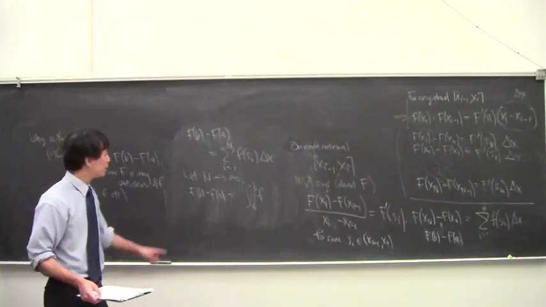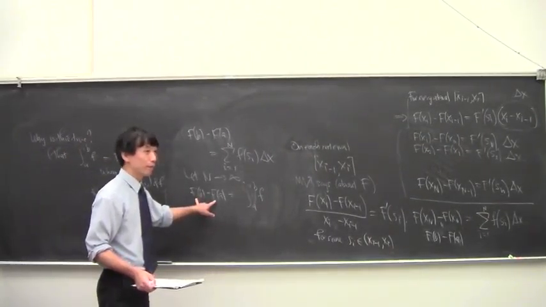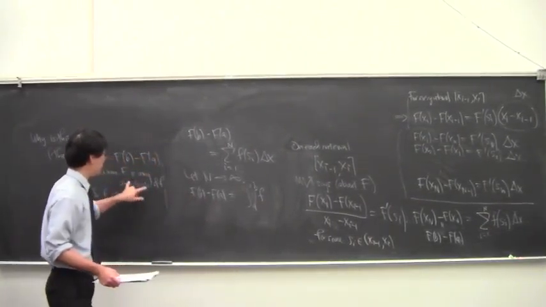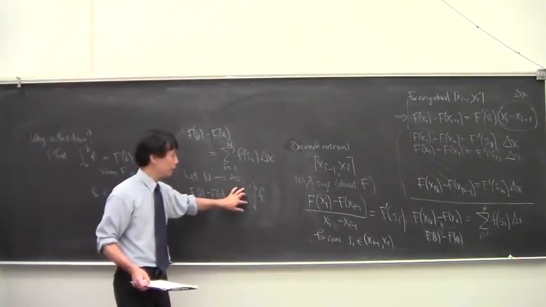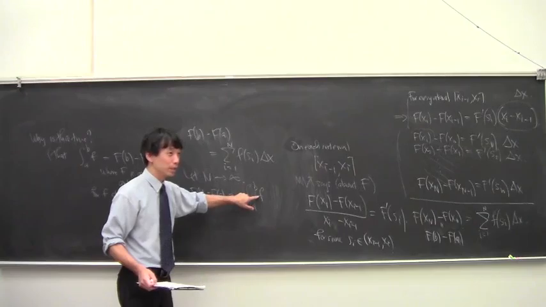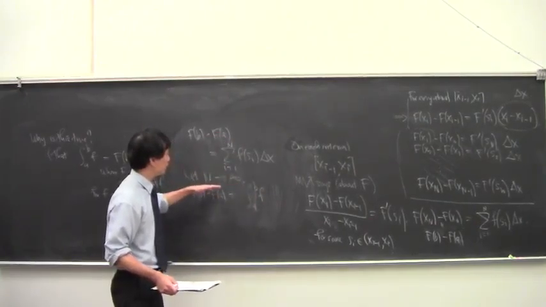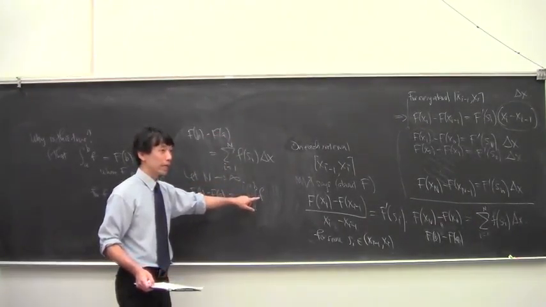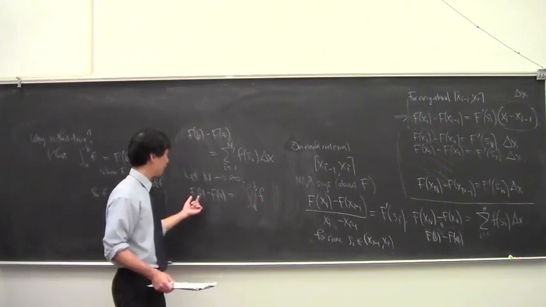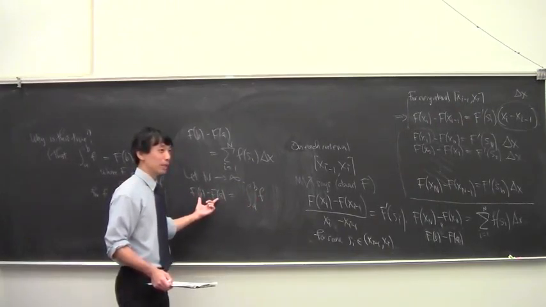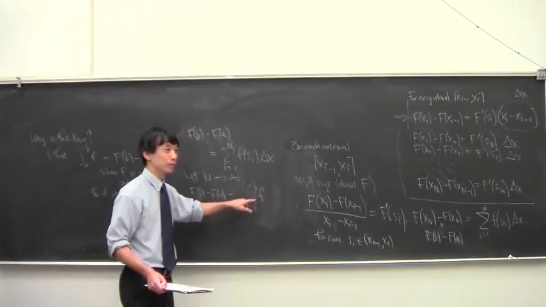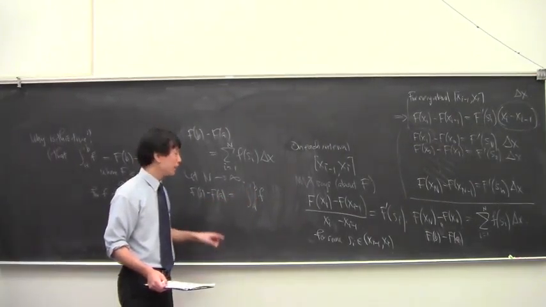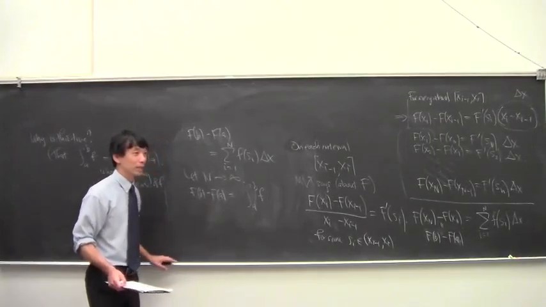This is capital F, where capital F is an antiderivative of little f. So to get the definite integral of some function, this argument shows you that you just find any antiderivative, big F, and take the difference at the endpoints, and that will give you the definite integral of the original function. You definitely must find the antiderivative. Okay.